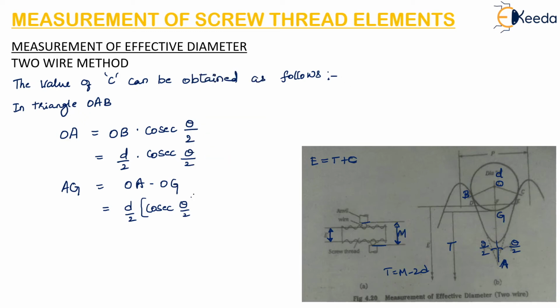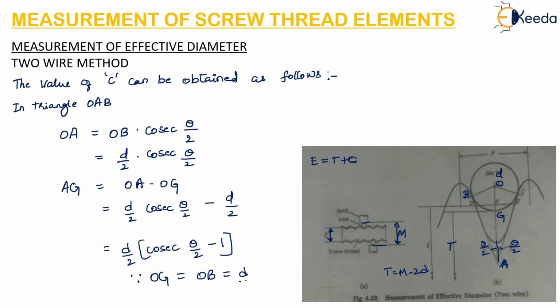The OG value is the same as the OB value, that is d by 2. So this value can be written as d by 2 into cosec of theta by 2 minus 1, because OG is equal to OB, that is equal to d by 2.